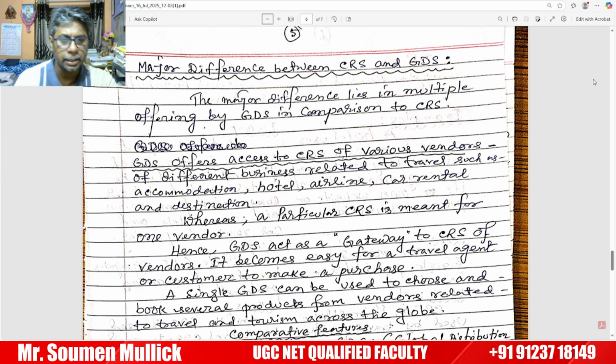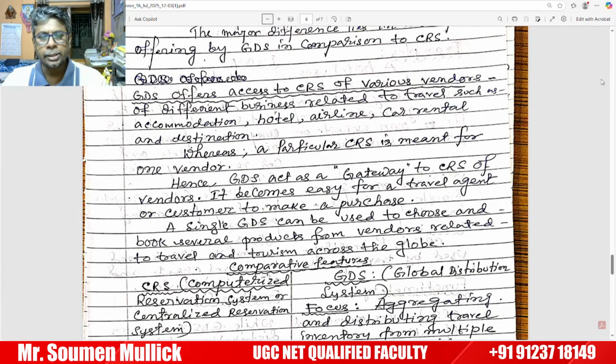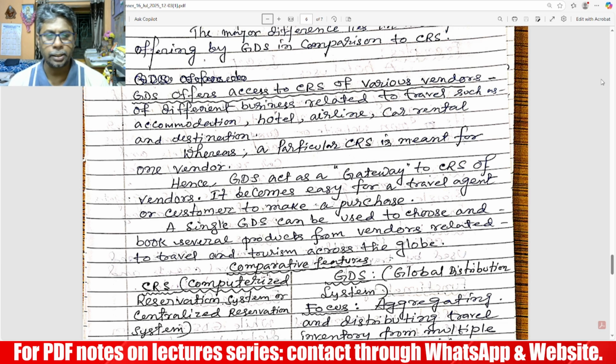As I already said: accommodation, hotel, airline, car rental, destination, different businesses related to the travel sector, whereas a particular CRS is meant for one vendor, such as a particular CRS for accommodation, for airlines, for car rental or destination management. Here, GDS acts as a gateway to the CRS of a vendor.